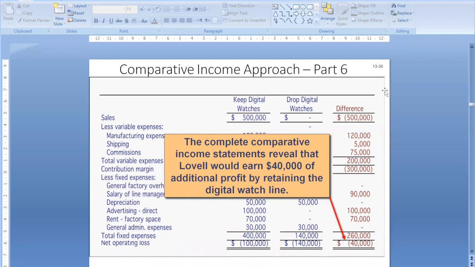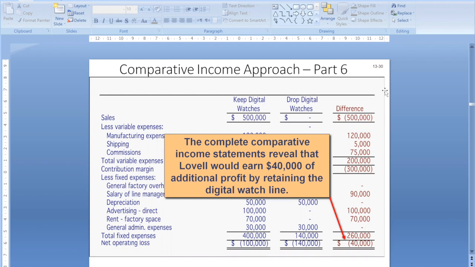So the third column will be zero. We are not saving anything in the general administrative expenses. Totals for the fixed expenses are 400,000 compared to 140,000 for the second column. So we are saving 260,000 in the third column, which is the difference between the two columns.